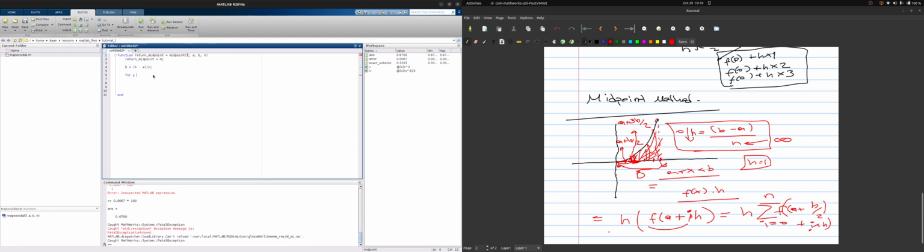So I is going to go from 0 to n minus 1. And here result is going to be result plus f of a plus h over 2, this is the first one, plus I times h.